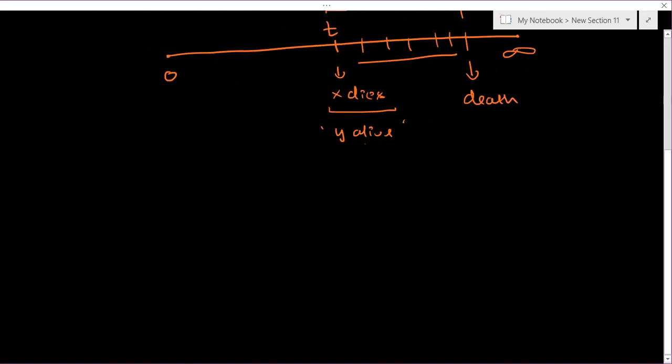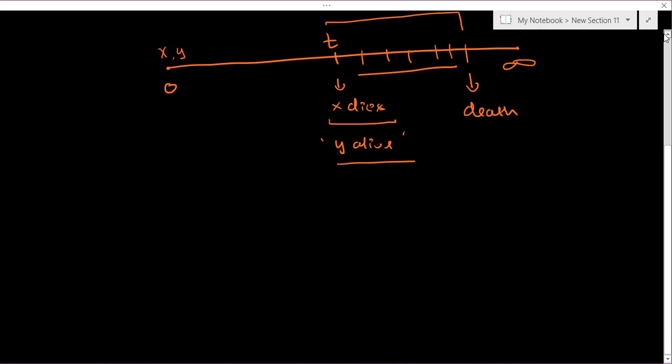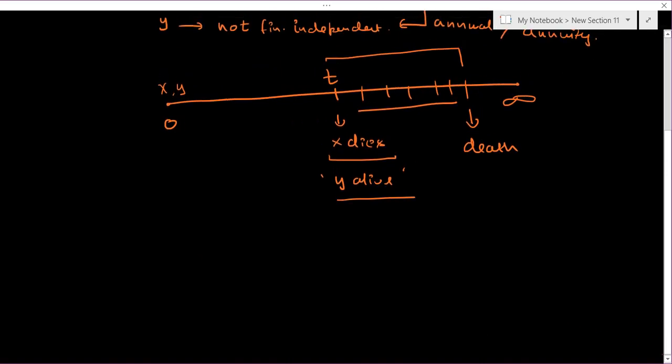And this would only start if Y is alive at this time, right? So at time 0, lives aged X and Y are buying this policy, and the life aged Y should be alive at this time, and then from the death of X to the death of Y, she would be receiving these payments, right? In order to make her secure.